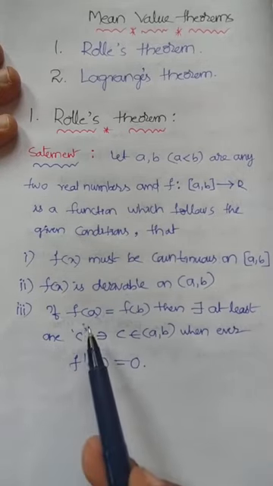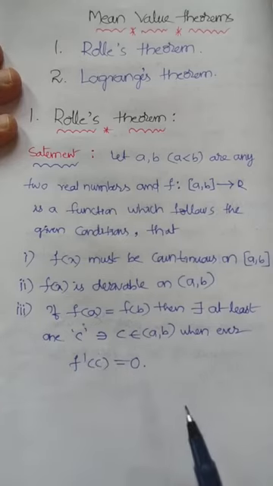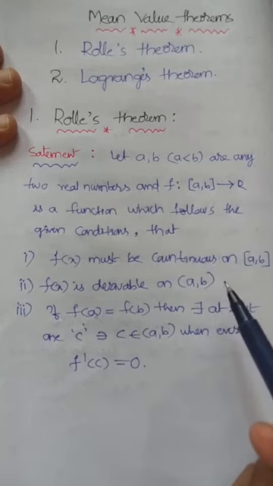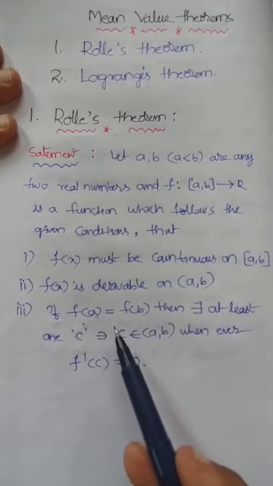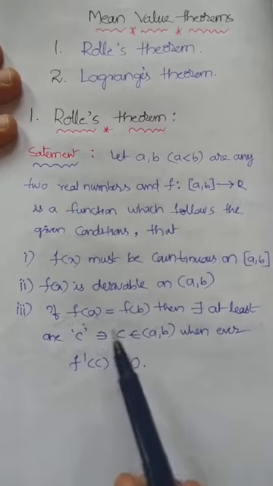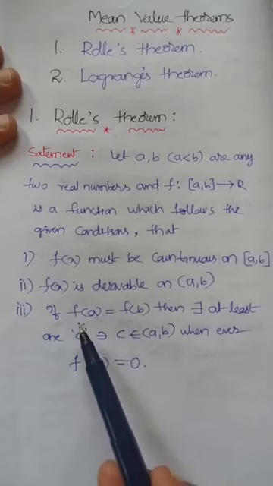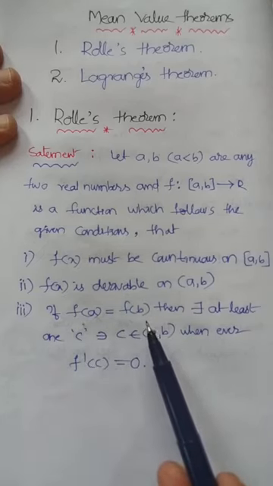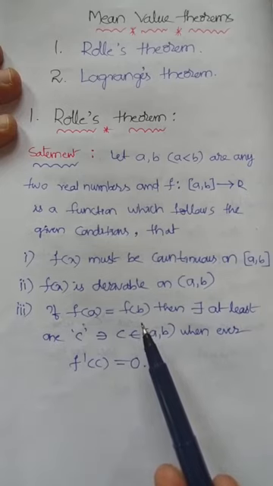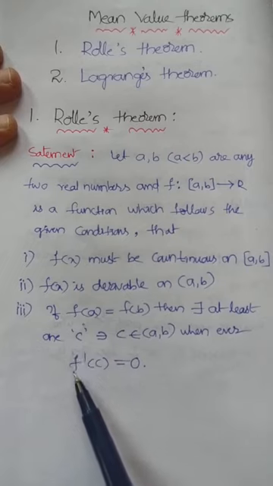So let us observe the steps for how we have to verify the third condition of Rolle's theorem. The first two conditions are general. First of all, for the given function f of x, we have to prove that f of a is equal to f of b. Then we have to find f dash of c.